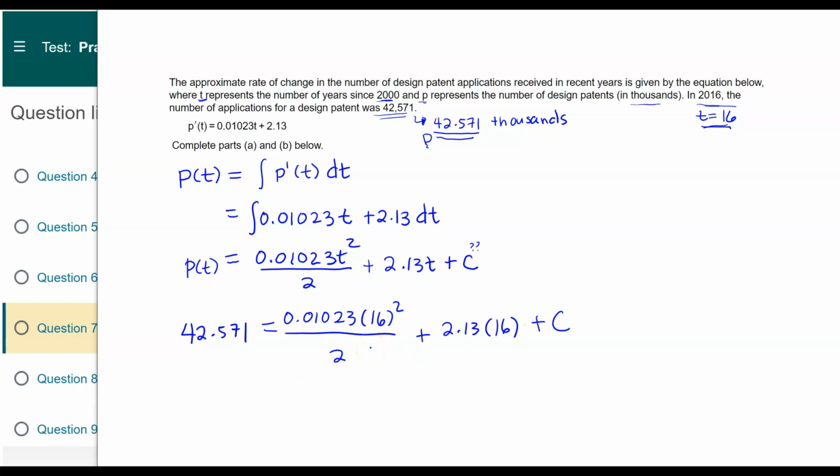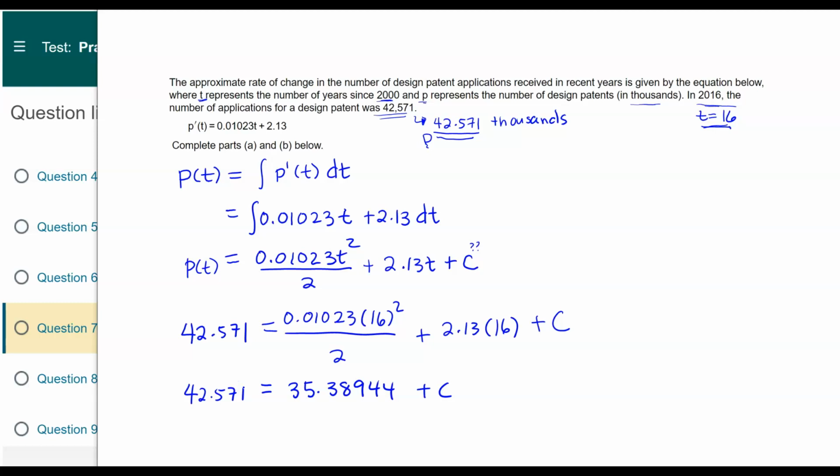Then let's plug this into our calculator. The value I got here is 35.38944 plus c, and then you have 42.571. Do not approximate at this point. You only approximate in your final answer.